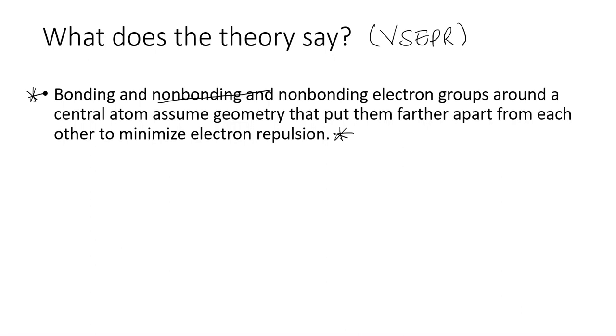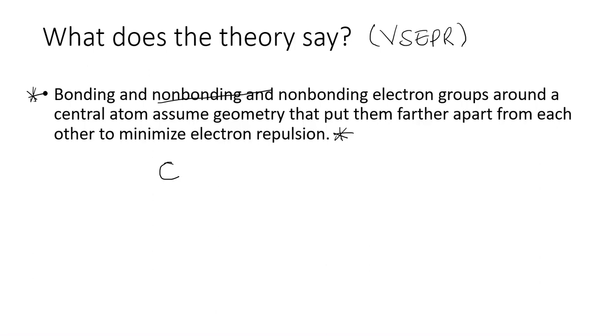So, for example, if you have an atom, what we call a central atom, C, this atom will have electron groups surrounding it. Electron groups means pairs of electrons.